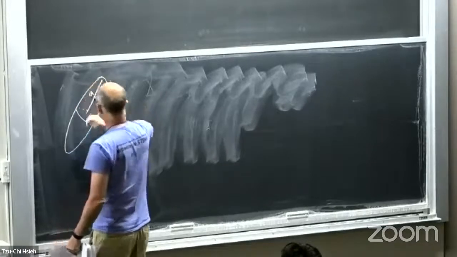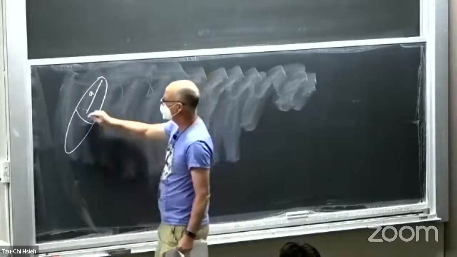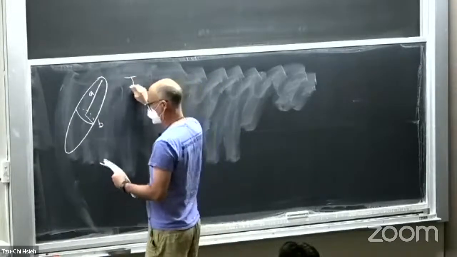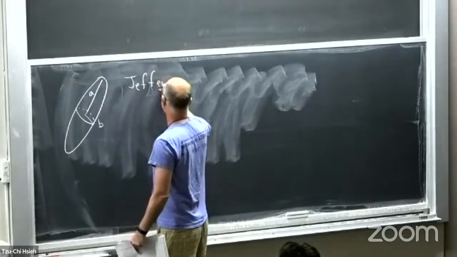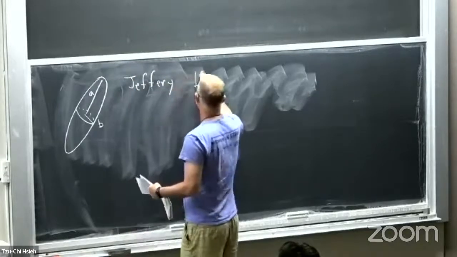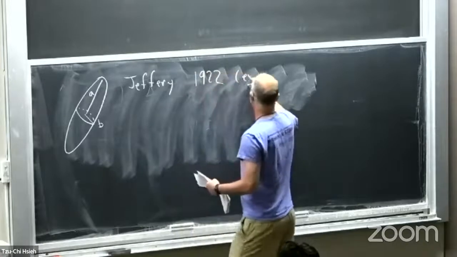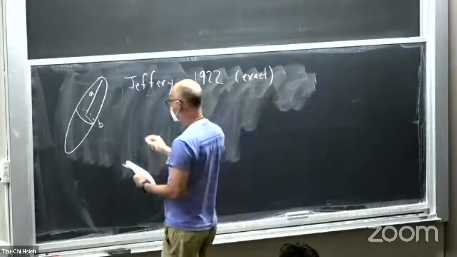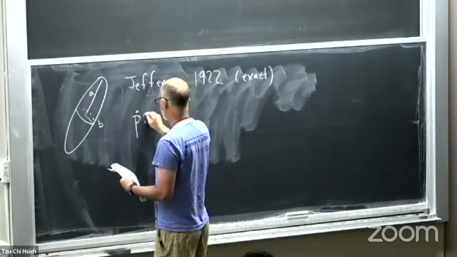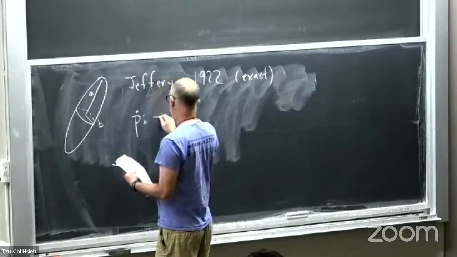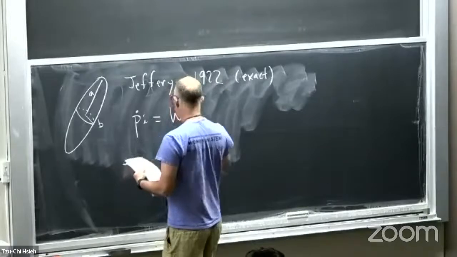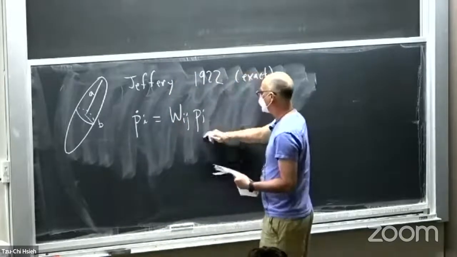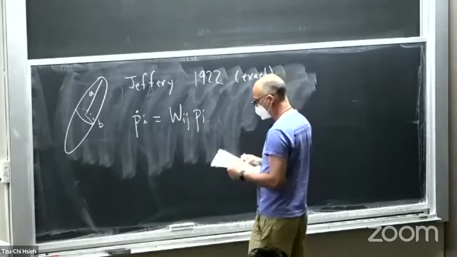And again, we have a semi-major axis A and a semi-minor axis B. So the result, I'll just write it in components this time. And here I'll write it slightly differently, using the antisymmetric part of the strain.